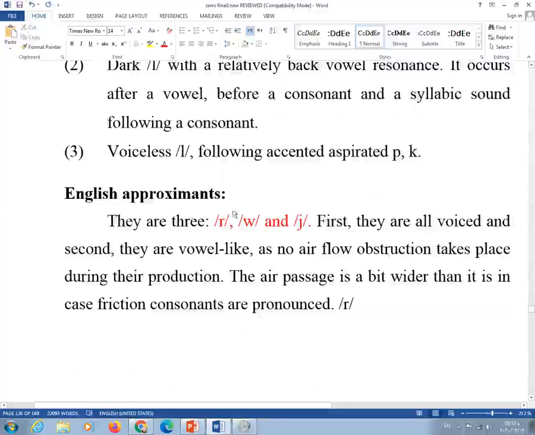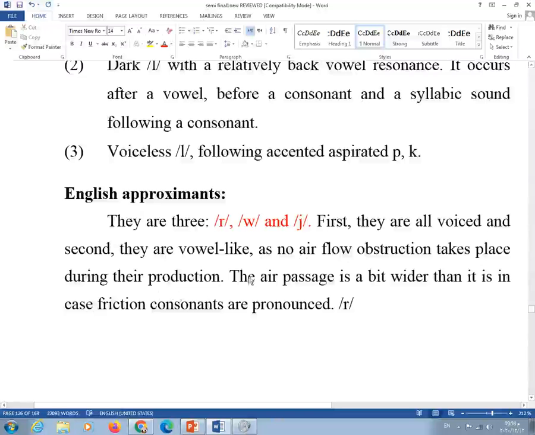Okay. The last group is the English approximant consonants, and they are 3: r, w and y. The r, the w, and the y are all voiced, and they are vowel-like. Why? Because no air flow obstruction takes place. It goes freely, just as we pronounce the vowels.